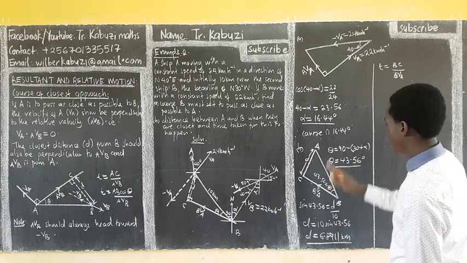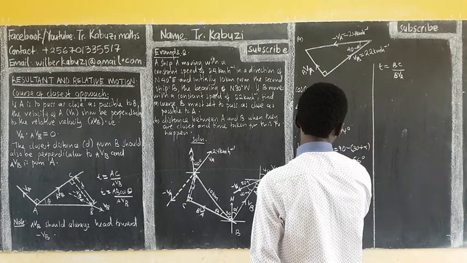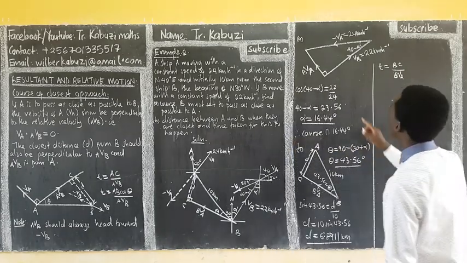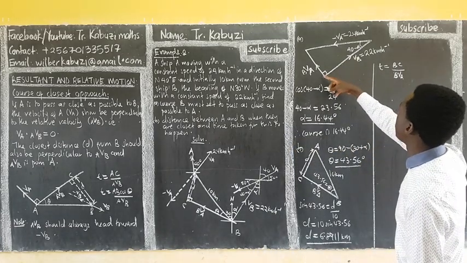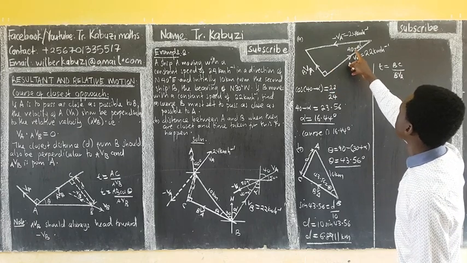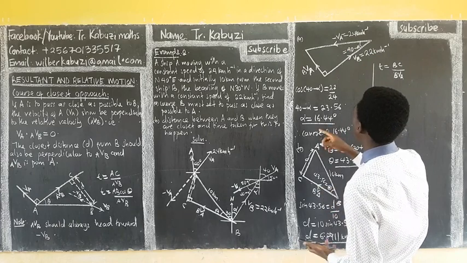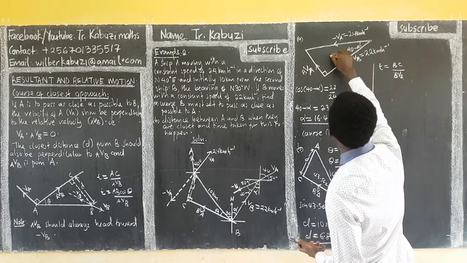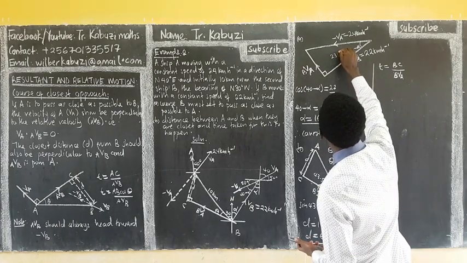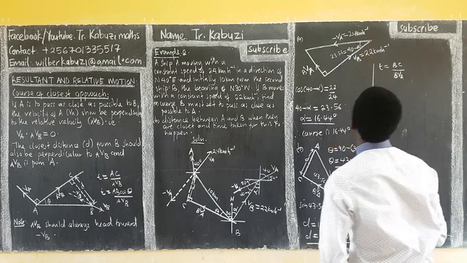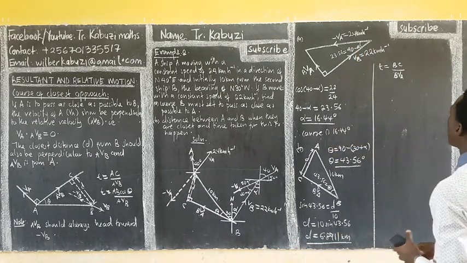So where is my BC? You see that this is my BC. Now all of this, 40 minus alpha, is 23.56.